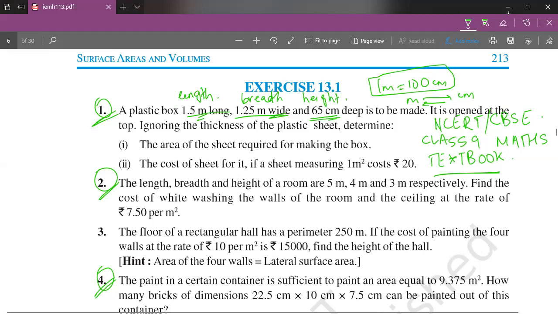Then the next statement says that it is open at the top. So let's draw a rough representation of a cuboid. I'll draw a more accurate rectangle, that is cuboid.